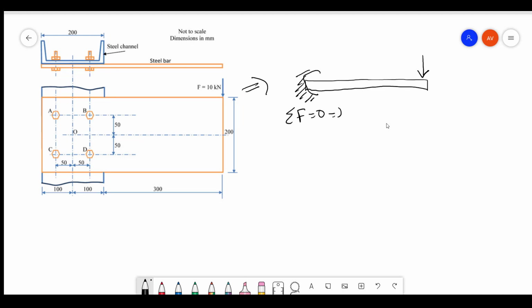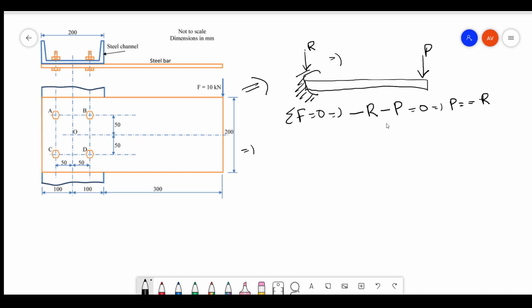Let's take a resistive force which is here. Of course the direction will be reversed so that it will balance, but let's go with this. So you will get minus R minus P, since it's pointing down, is equal to 0. That means P is equal to minus R.